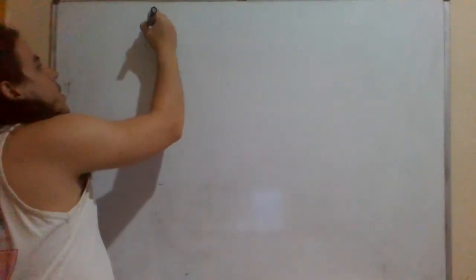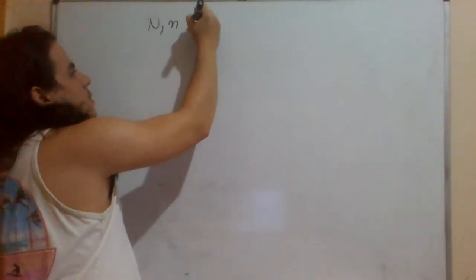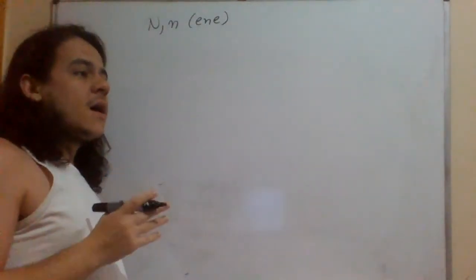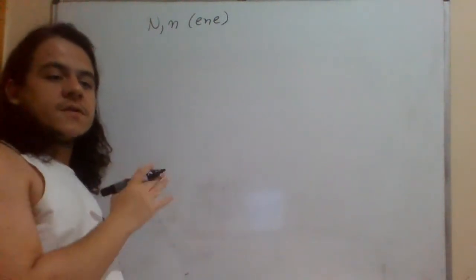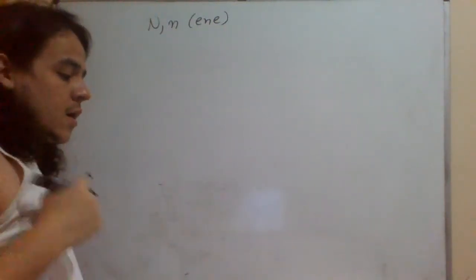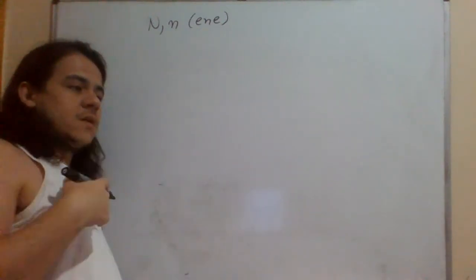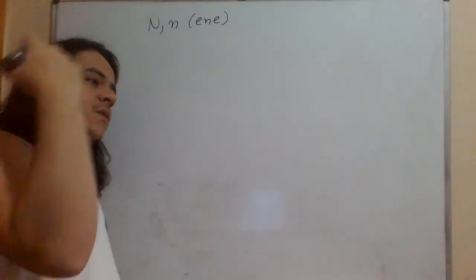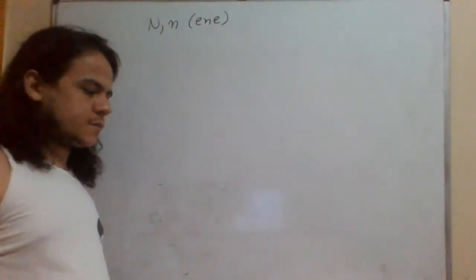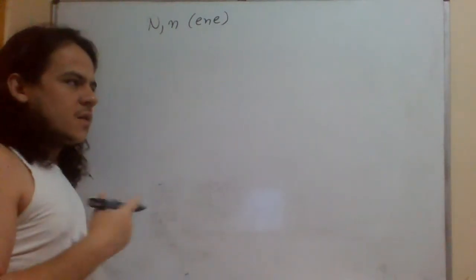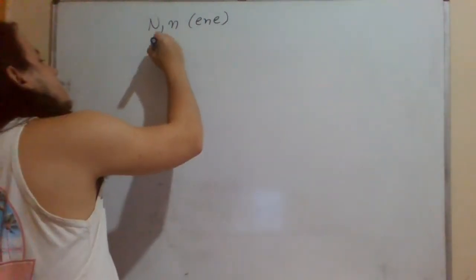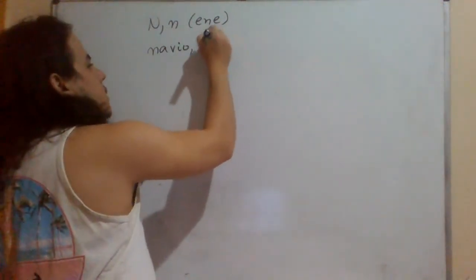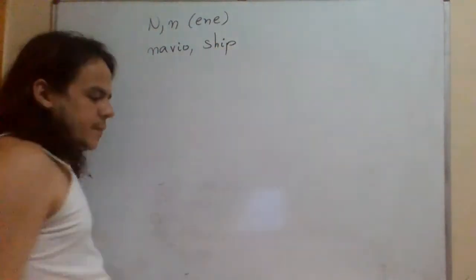Next letter, letter N. In Portuguese, N. It also has two sounds, just like letter M. One, if letter N is at the beginning of a syllable, and another one if letter N is at the end of a syllable. For example, at the start of a syllable, navio, it means ship.